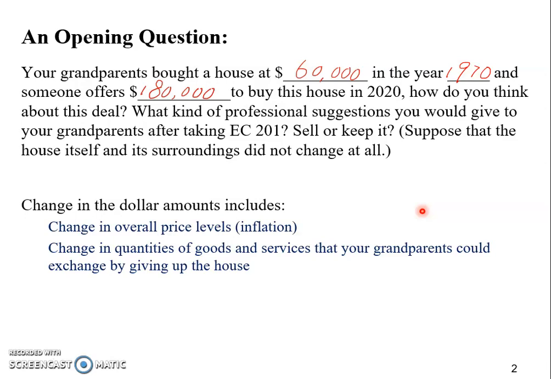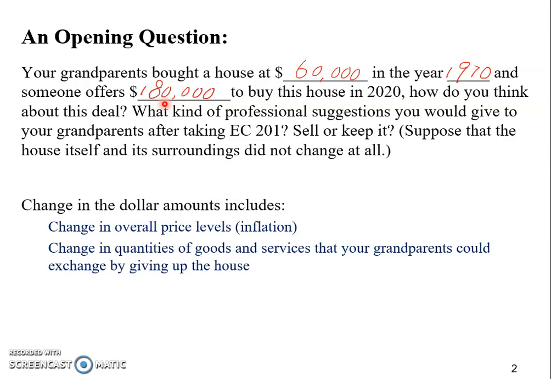Now we want to know this year with $180,000, would they be able to do the same thing? So if they again sell the house, get $180,000, would they be able to buy a brand new Ford pickup truck and spend 1 week in Paris?